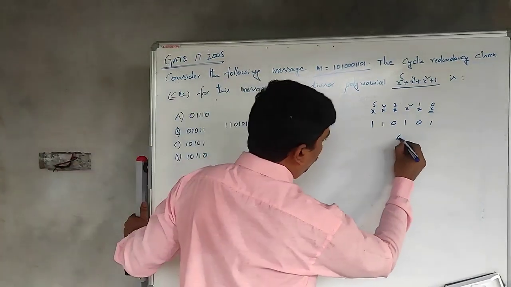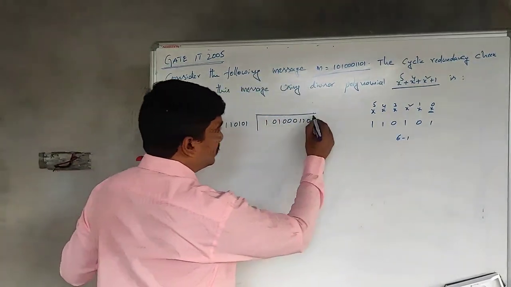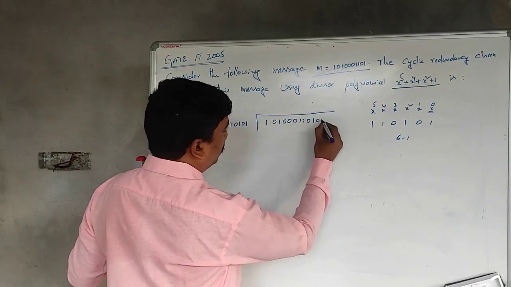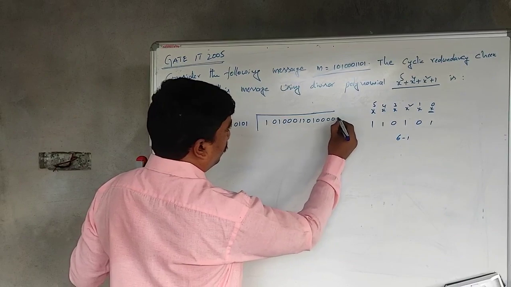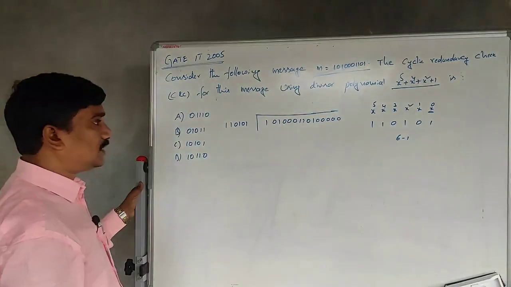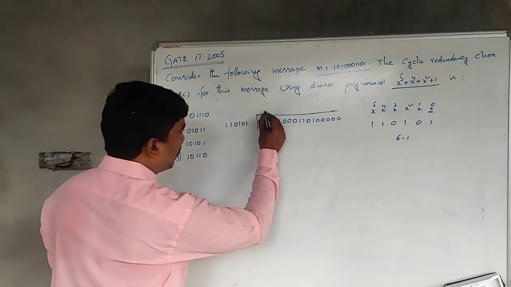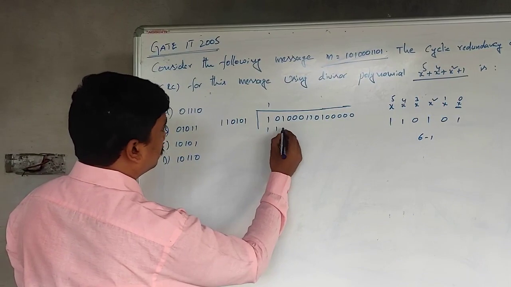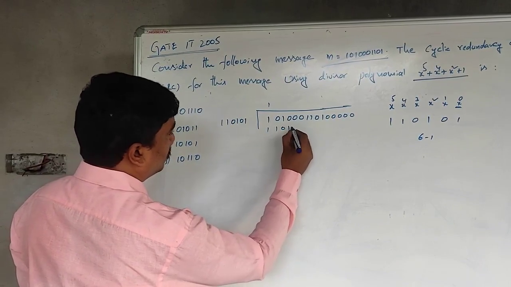So 6 minus 1 is 5, so we have to add 5 zeros here. 1 2 3 4 5, five zeros. Okay. Coming to the first step, 110101.